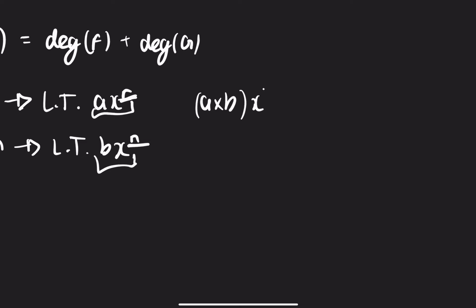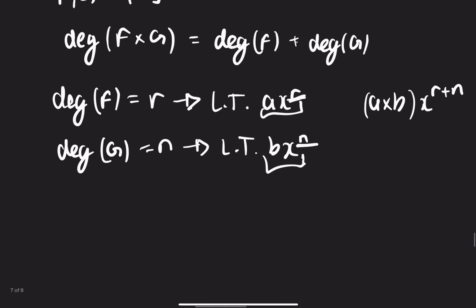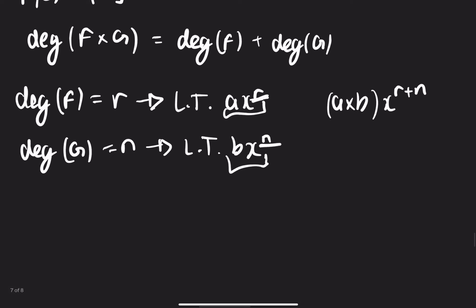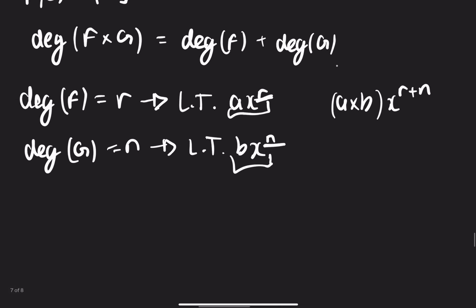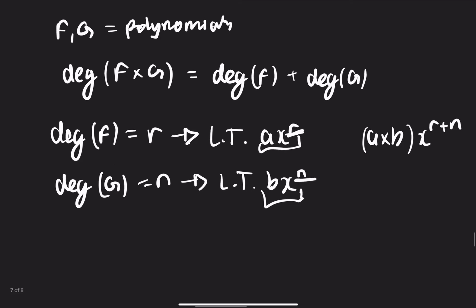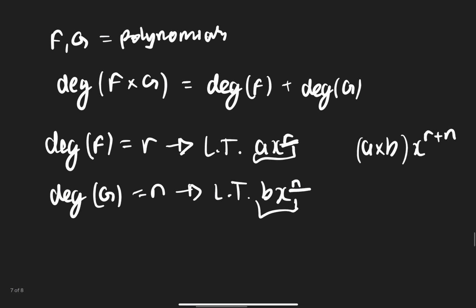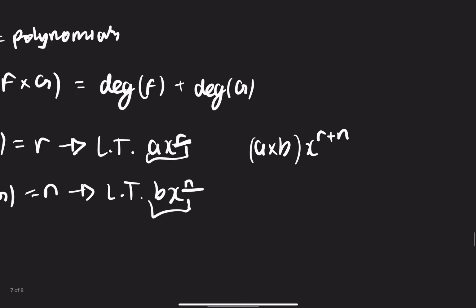multiplied by x to the power of r plus n, and there is going to be nothing greater than that. Because if we multiply a x to the power of r, the leading term of polynomial f, by any term other than the leading term of g, we are going to get something smaller than r plus n as our power, right?